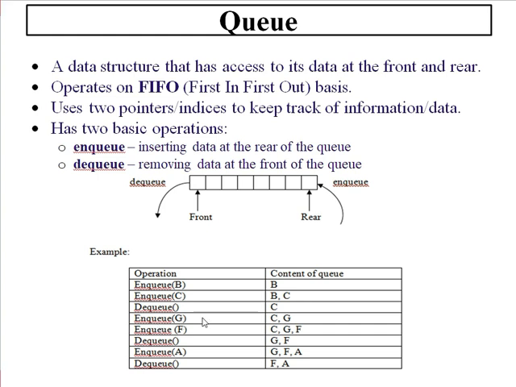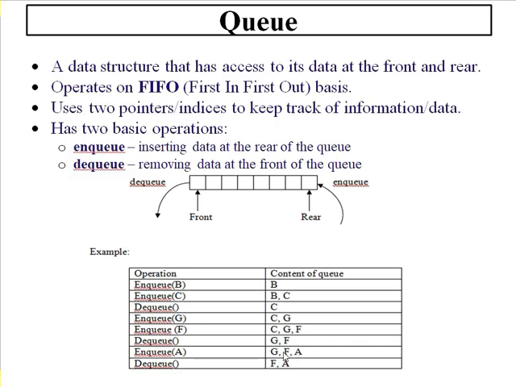Then enqueue G: from the rear side we add G, so the front is now C. Then enqueue F: we add F from the rear side, so the front is C, the middle one is G. Dequeue will remove from the front, so it removes C, and the container is left with G and F. Then enqueue A adds A from the rear side, so the front is now G and A is added at the back.